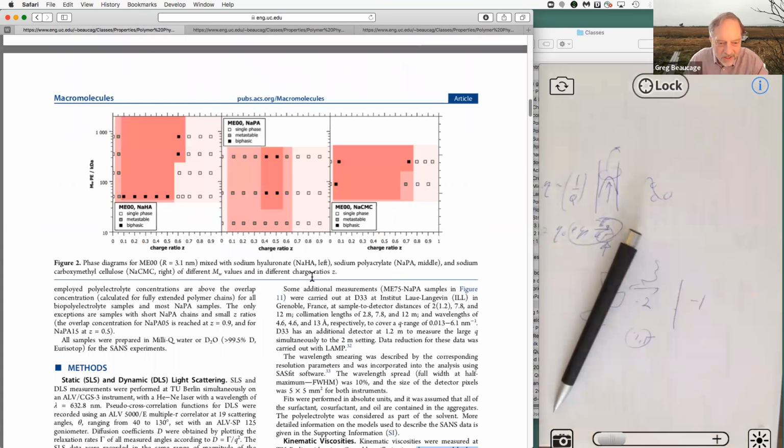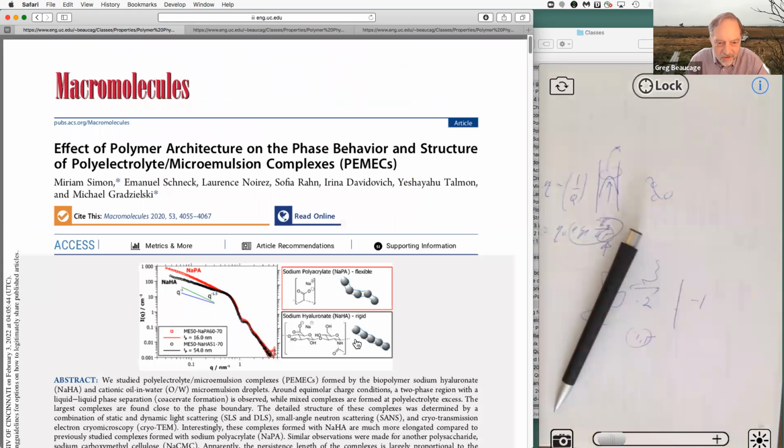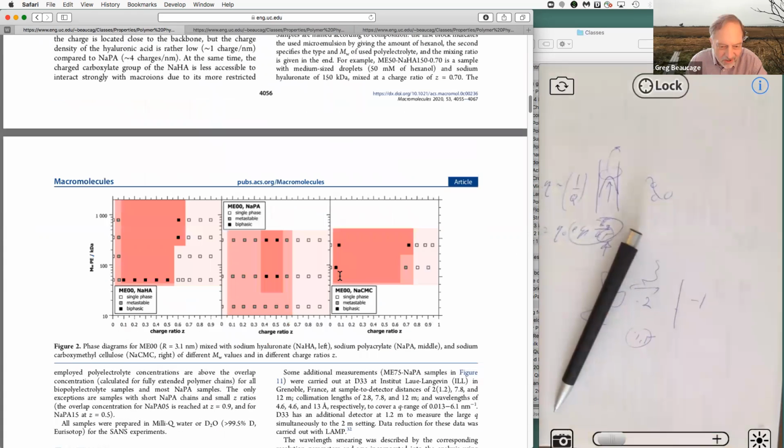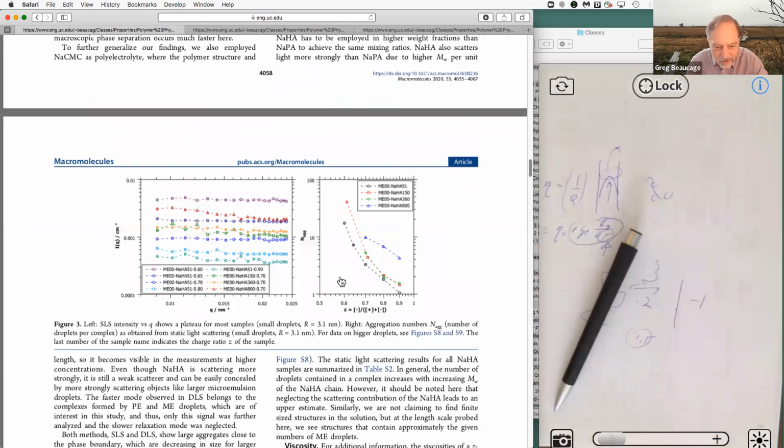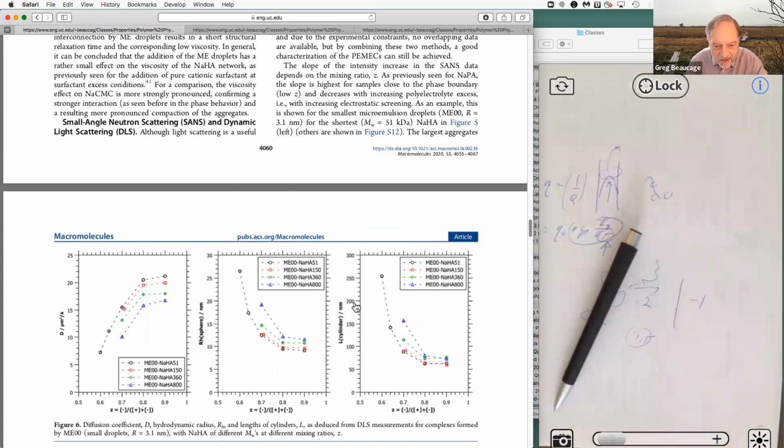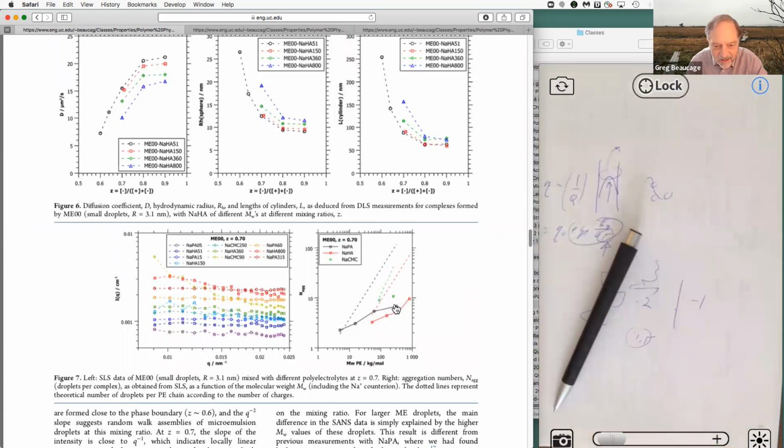If you have this cartoon of what the thing is, you'd expect if I make a longer polyelectrolyte, I'd have more spheres. So n spheres should be proportional to the length of the polyelectrolyte, right? So that's that dashed line in that plot here. But it's not the dashed line at all.